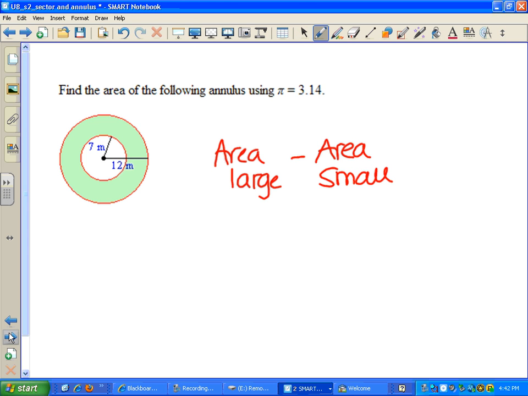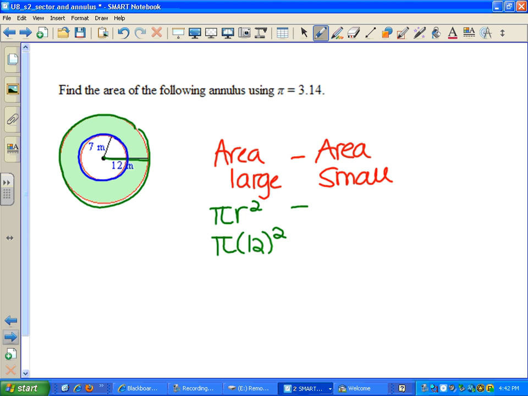So if we look at the large circle, that would be the outside one, and the radius there is 12. So pi r squared is going to be pi times 12 squared minus. Now I'm going to subtract out this smaller inner circle, and the radius of that is 7. So I'm still going to do pi r squared, but minus pi times 7 squared.